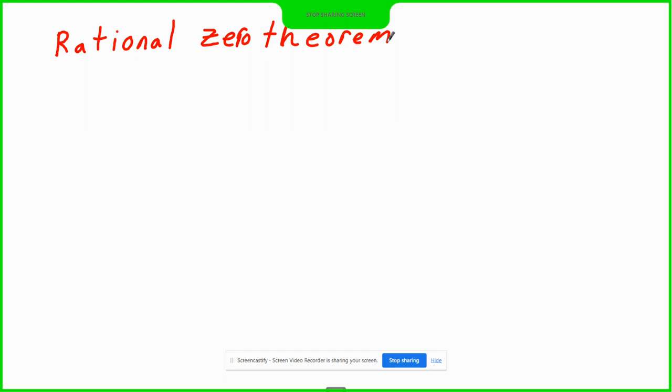Basically like this. You will take P divided by Q, and what we're trying to do is find possible zeros. Your P will represent the factors of the constant.